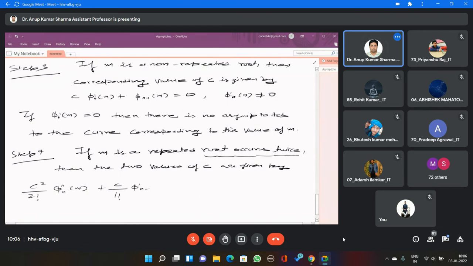Dash n minus 1 m plus n minus 2 m is equal to 0. Okay, we're writing the bracket m, that means that is the function of m, and phi suffix n minus 2, that is the degree of m.